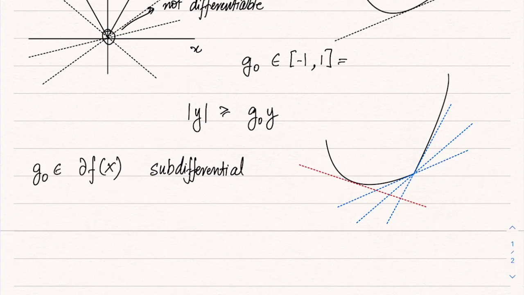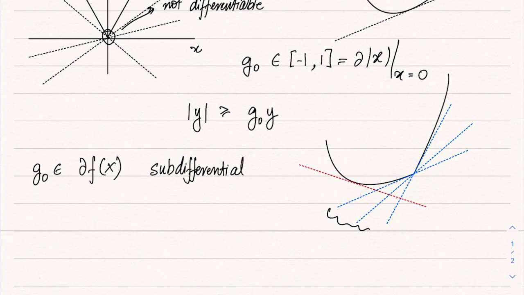For example, this is the subdifferential of the absolute value at x equal to 0. Right? So this is a subdifferential set of the absolute value of x at x equal to 0, and likewise you will generally have a subdifferential at any point where f is non-differentiable. Where it is differentiable, the subdifferential contains only one point, which is the gradient of f. Right?